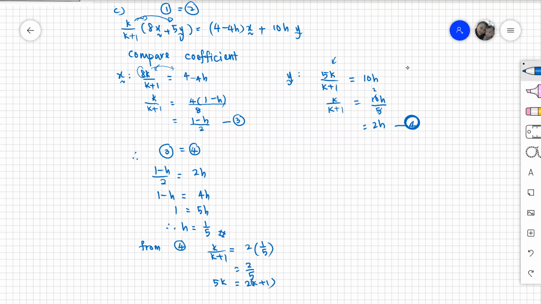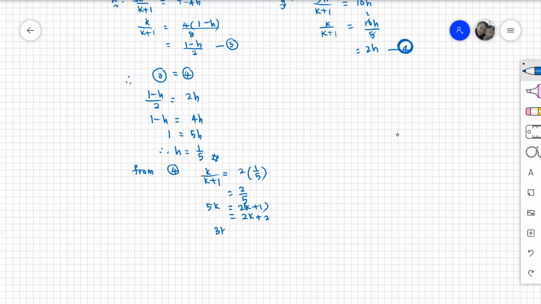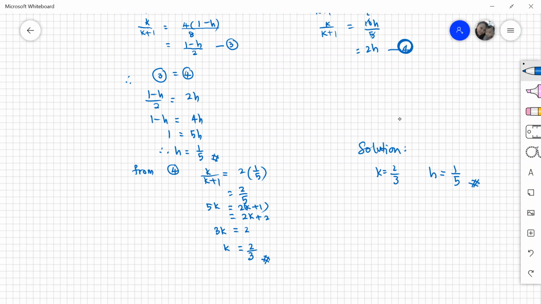Open up the bracket. We will have 2k plus 2. Okay, and then rearrange the equation. We will have 3k equals 2. Therefore, k equals 2 over 3. So we have found our answer for part C. So the solution for part C will be k equals 2 over 3 and h equals 1 over 5. That is the solution. Okay, hope it helps you. Thank you.